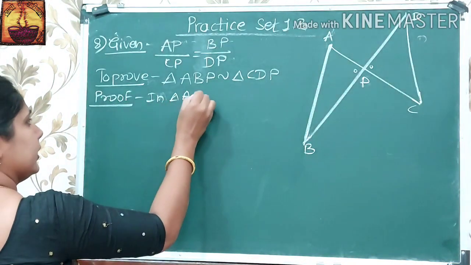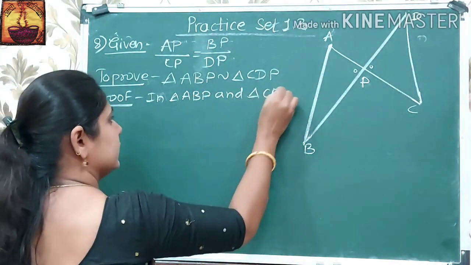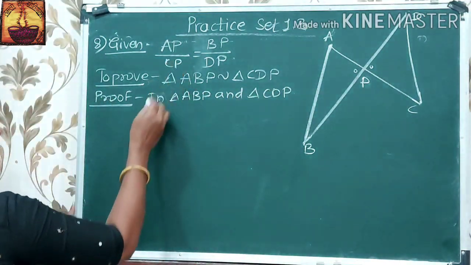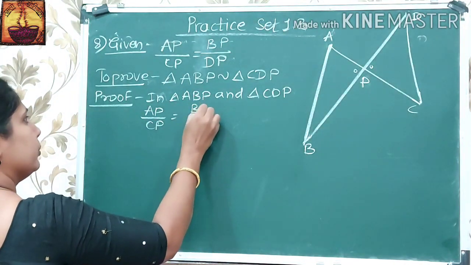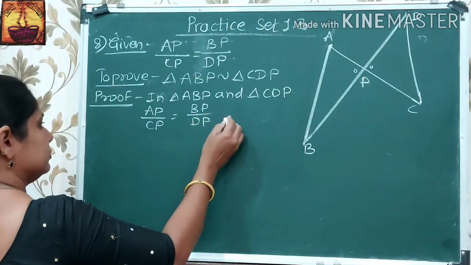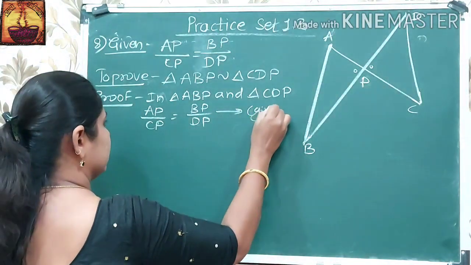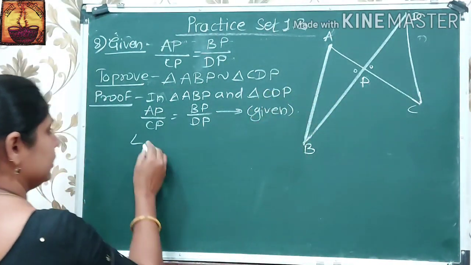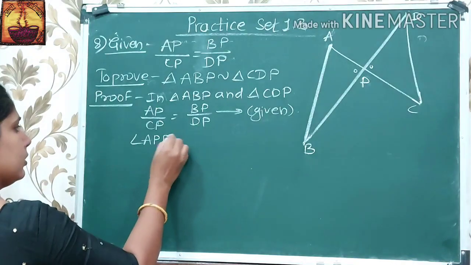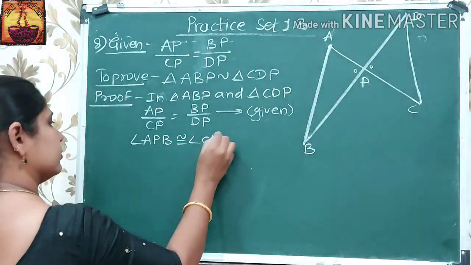In triangle ABP and triangle CDP, AP upon CP is equal to BP upon DP. It is given. And angle APB is congruent to angle CPD.